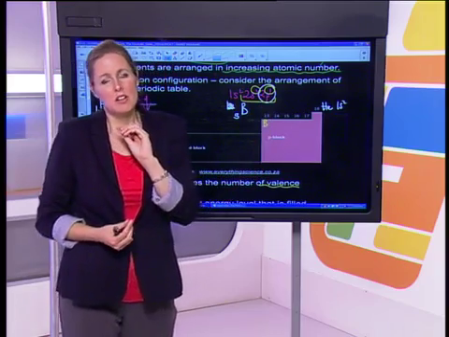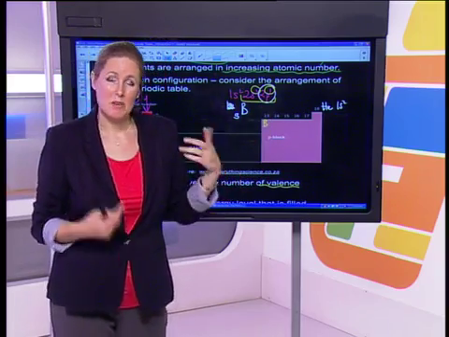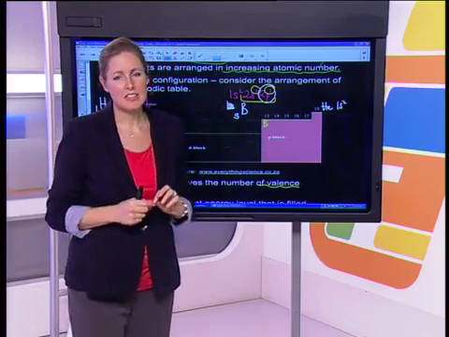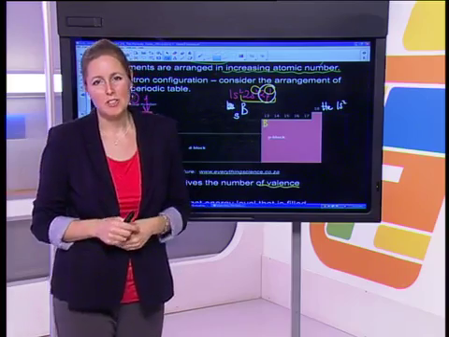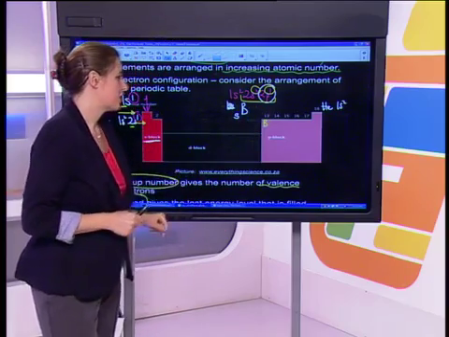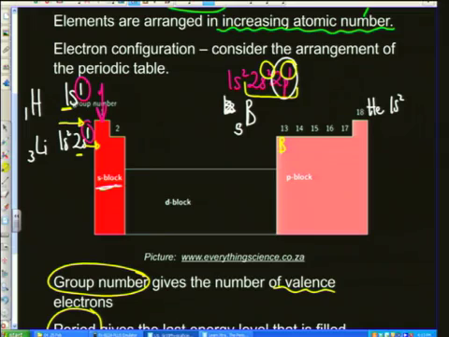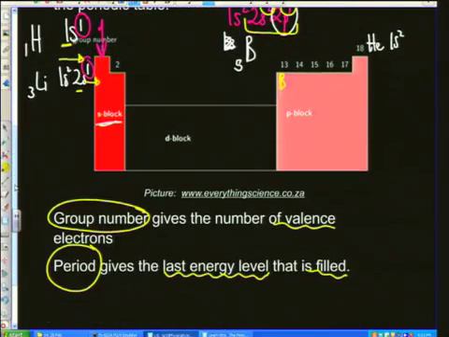Some of them refer to it as group 13. But if it's group 13, then you need to take away the 10 from those transition elements, so that you can recognize the valence electrons. It's going to be 3, fitting into group 13 or group 3, depending on which way you're thinking about it. The more modern way is to include those transition elements.